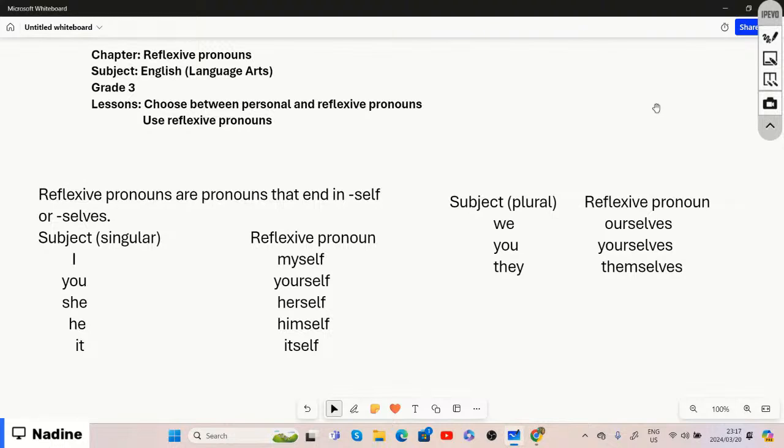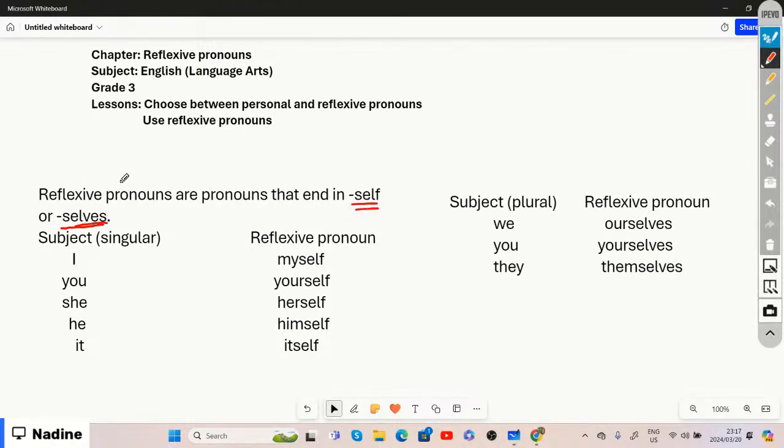Reflexive pronouns can have a singular subject, which refers to one person or thing, or a plural pronoun, which refers to more than one person or thing. Reflexive pronouns end either in the word self or selves.